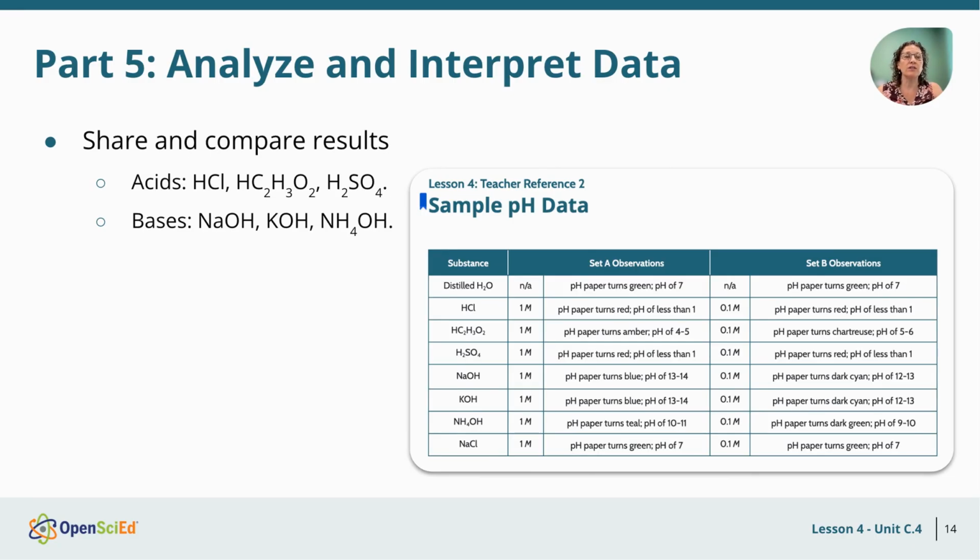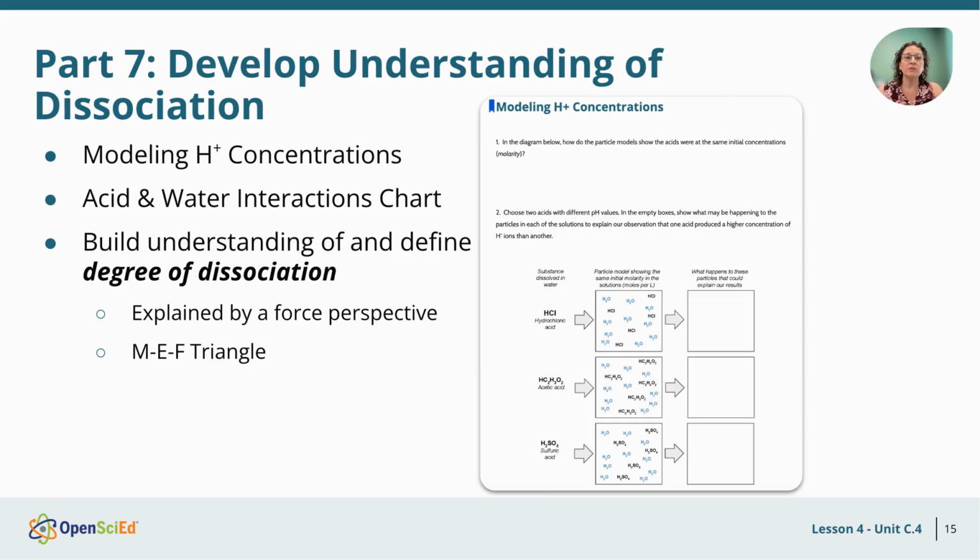They will also conclude that the bases are sodium hydroxide, potassium hydroxide, and ammonium hydroxide, and that sodium hydroxide and potassium hydroxide produce a very high pH of 13 to 14, meaning a higher concentration of hydroxide ions than ammonium hydroxide. After completing the modeling hydrogen ion concentration handout individually in Part 6, the students will use their ideas in Part 7 to collaboratively develop explanations for why different acids produce different pH values.